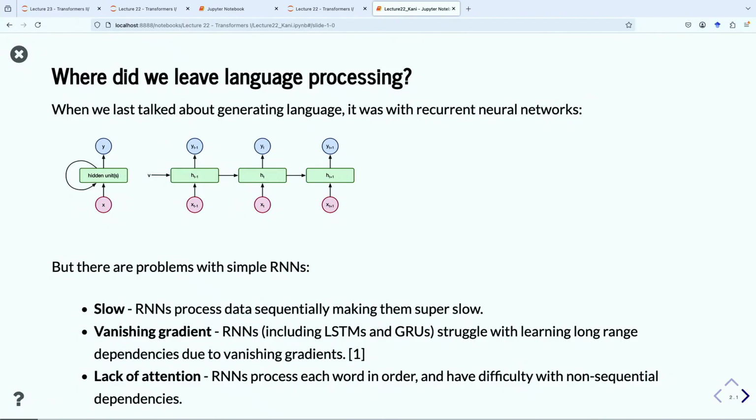And then there's the lack of attention. Basically, an RNN processes each word in order and just looks at the word and has a hidden state to have an idea of what came before it, but not necessarily a strong idea of what came before it. It's basically going to treat everything that came before it equally. But we know the way we speak, that's not necessarily a good thing. For instance, as I'm speaking right now, you're listening to me and you know that there are certain words that you're paying attention to.